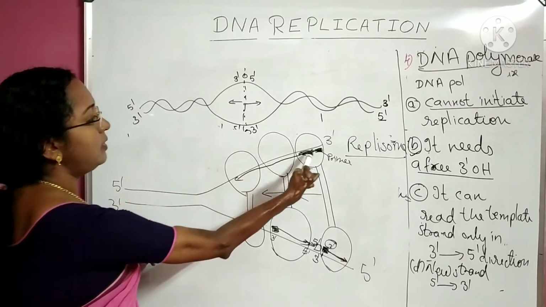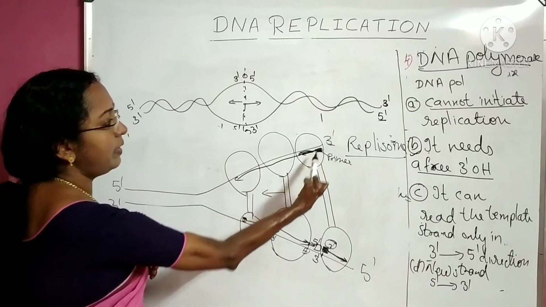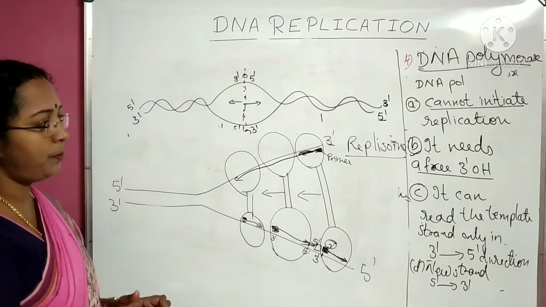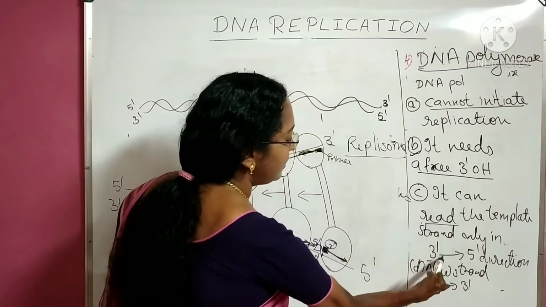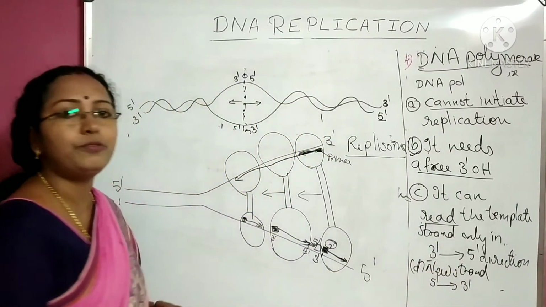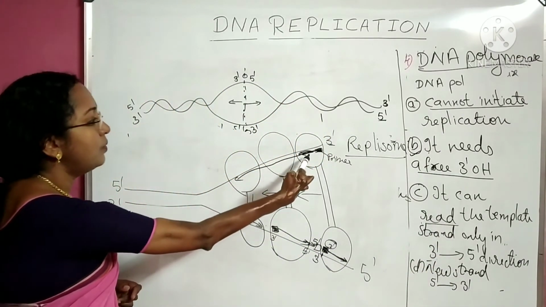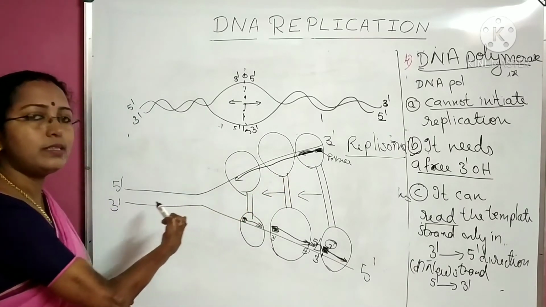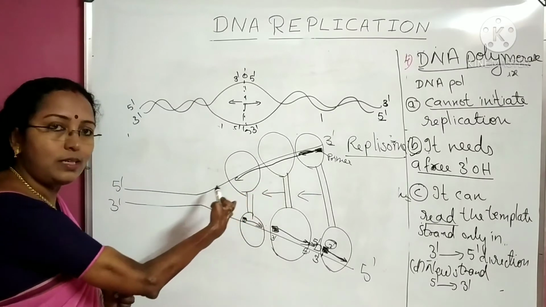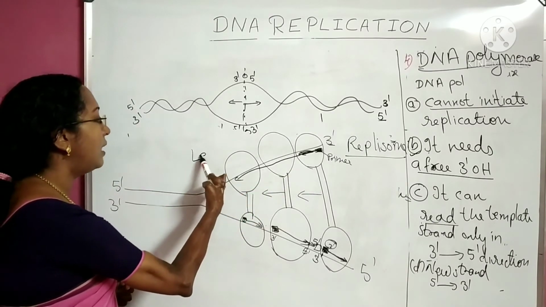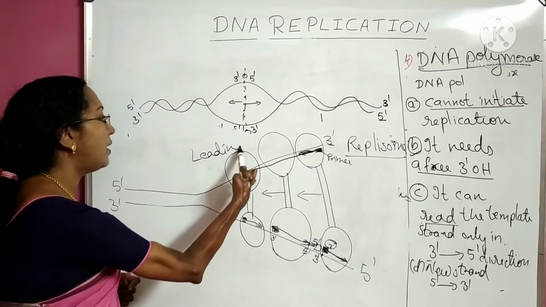In this strand, in the parental strand, which is running from 3' to 5', since DNA polymerase can read this template strand in 3' to 5', the new strand is continuously synthesized here. And so you call this strand which is continuously synthesized as the leading strand.